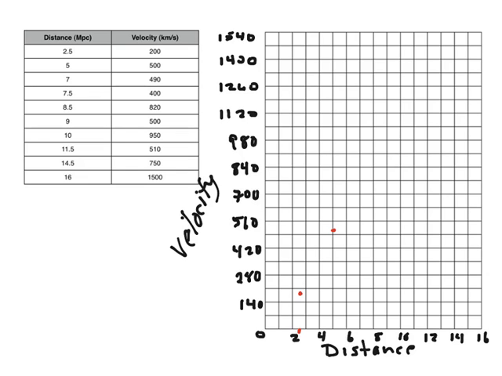7 and 490, so that one, 7, 420, 490. 7.5 and 400, a little below the 420. 8.5 and 820, it's going to be a little below the 840, the 8.5 block. 9 and 500, 9, there's 560.